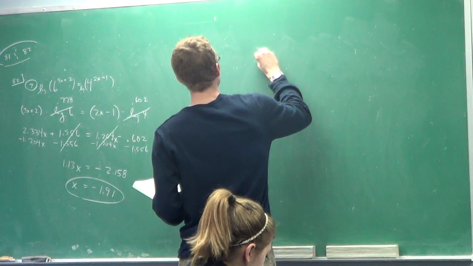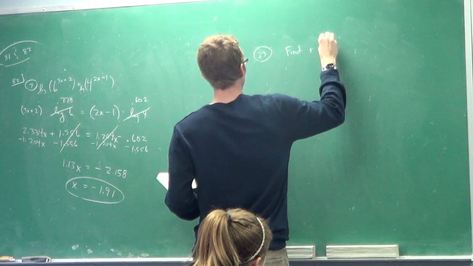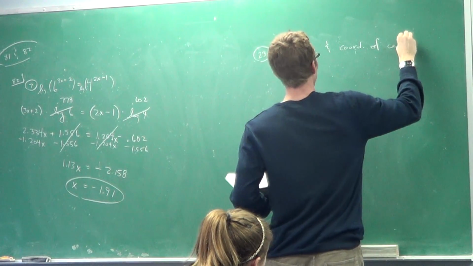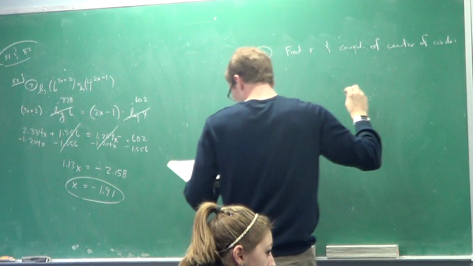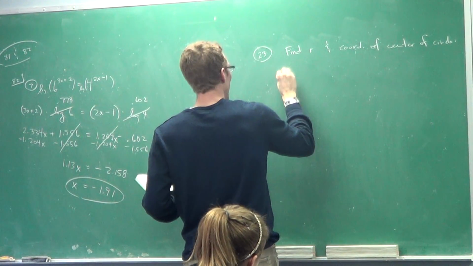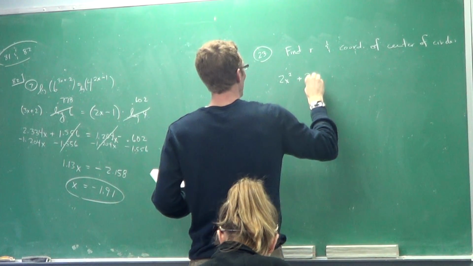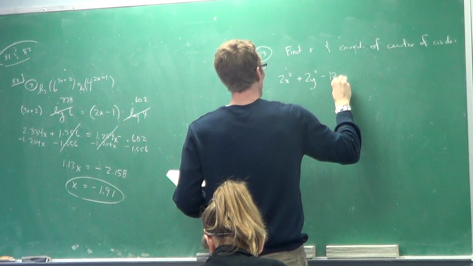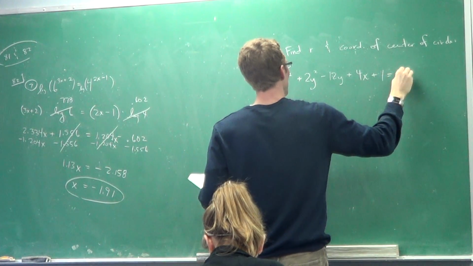So 23, we want to find the radius and the coordinates of the center of the circle. The equation is 2x squared plus 2y squared minus 12y plus 4x plus 1 equals 0.